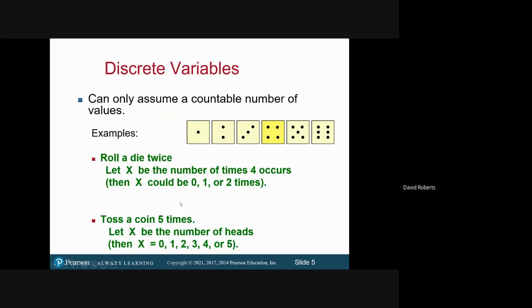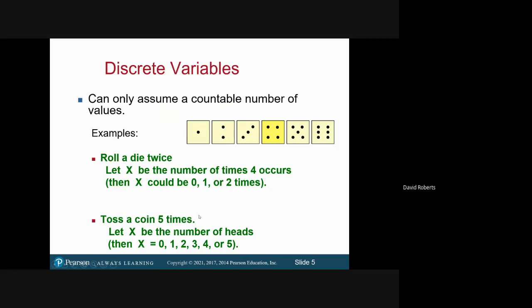Again, here's an example of dice, or die if it's 1. Anyways, let X be the number of times 4 occurs. And toss a coin to see the number of times you get heads.